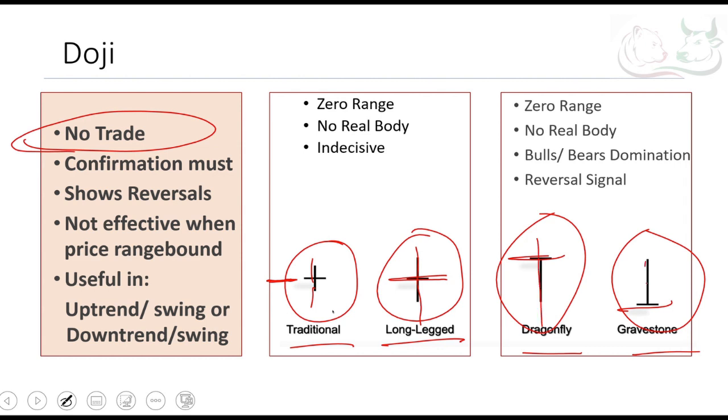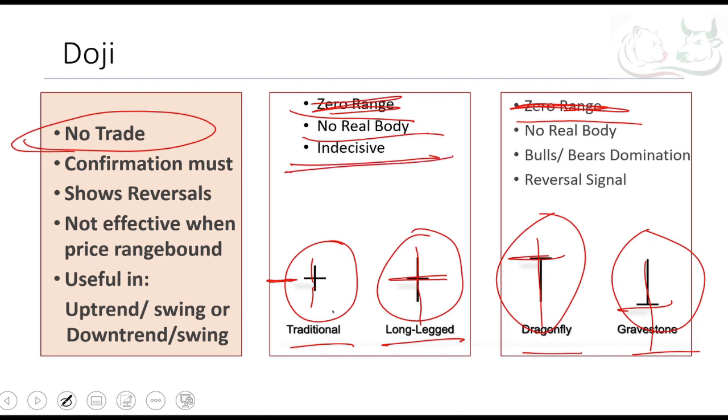So there's a long tail on either one or both sides. Sorry, not zero range, this is zero body, basically, that was a typo, right? So no real body.